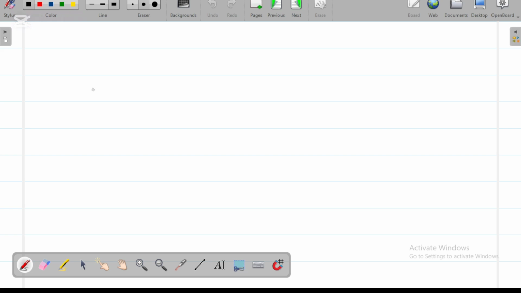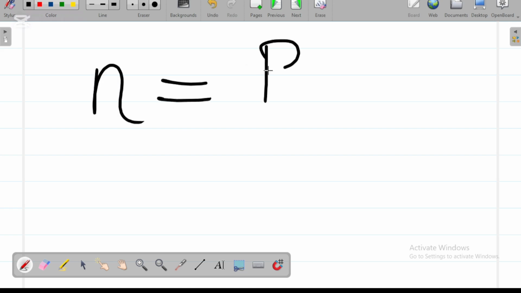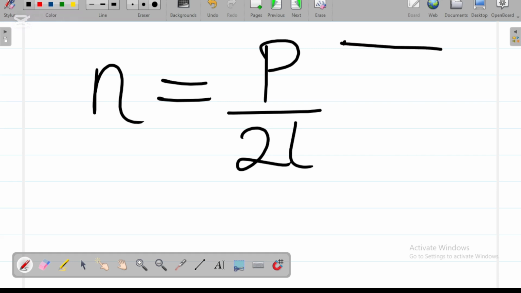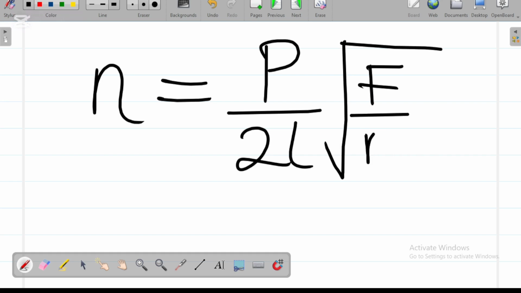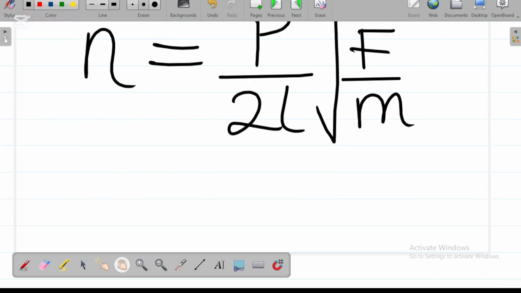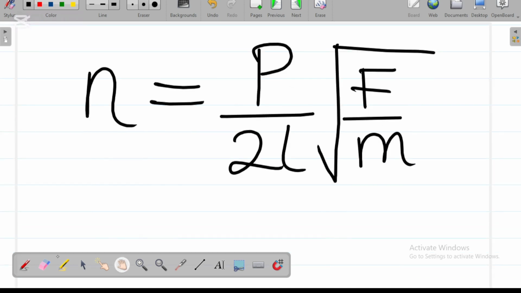Now remember that N is equal to P all over 2L and then square root of F all over M. And we are asked to find the dimension of M. Remember what I told you earlier. We are going to ignore the constants P and the number.